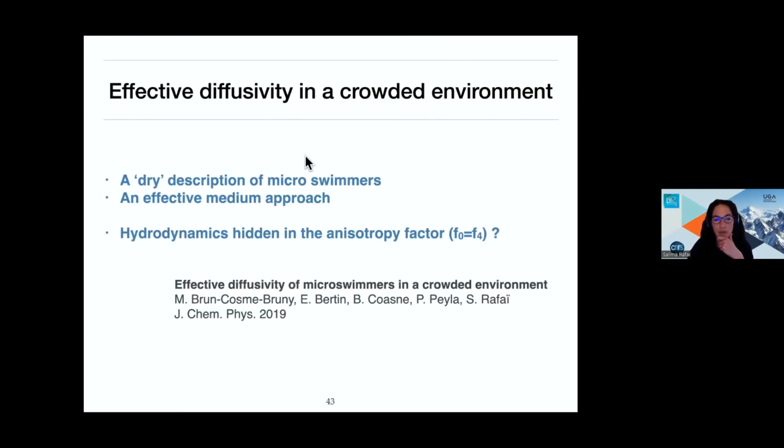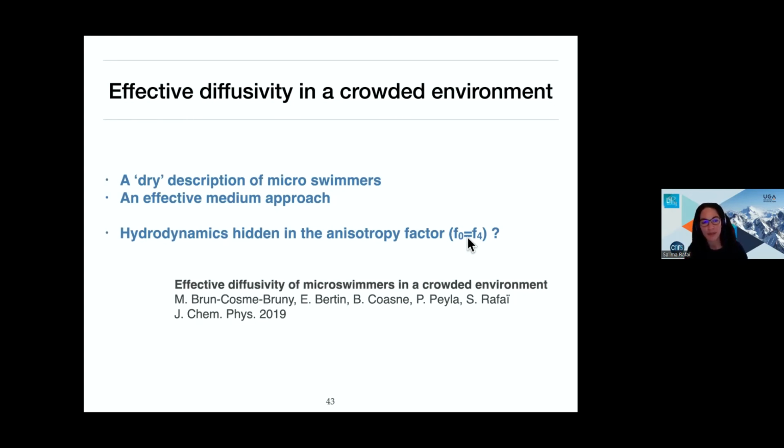So here we proposed a very simple dry description of the microswimmers. Again, this was enough to describe the experimental results quite successfully with an effective medium approach, but still we use a symmetry in the frequency anisotropy of reorientation that is hidden in the choice of parameters.